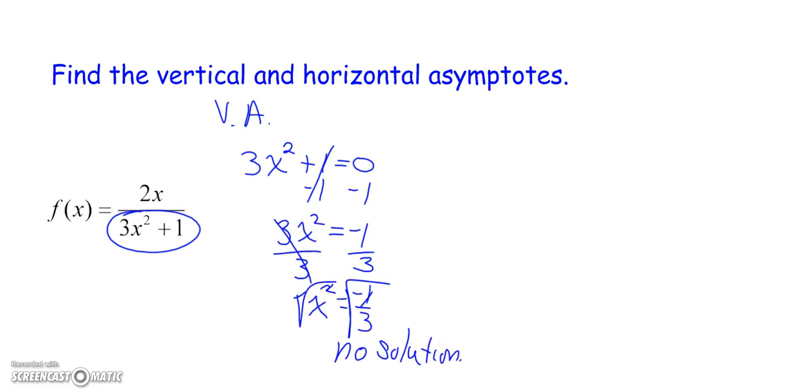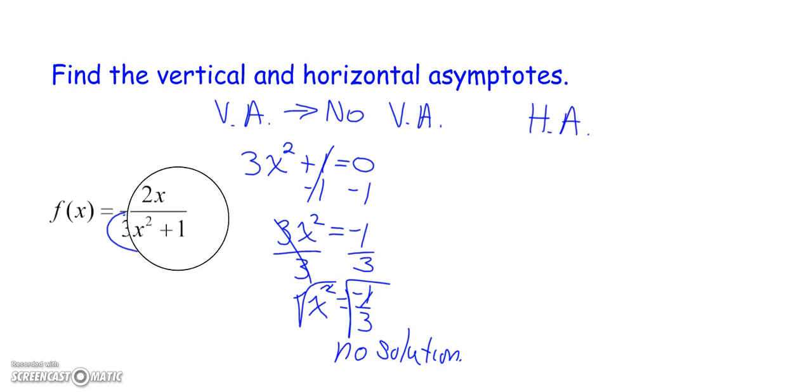How can we interpret this? Well, if there's no zeros to the denominator, that means there are no vertical asymptotes. No vertical asymptotes in this problem. There is, however, a horizontal asymptote.